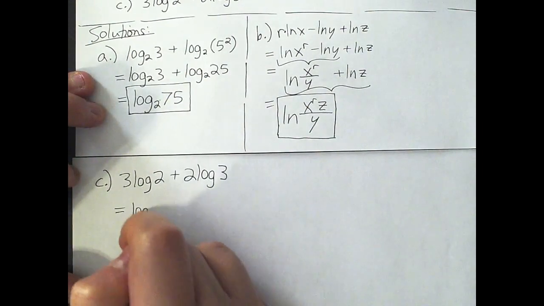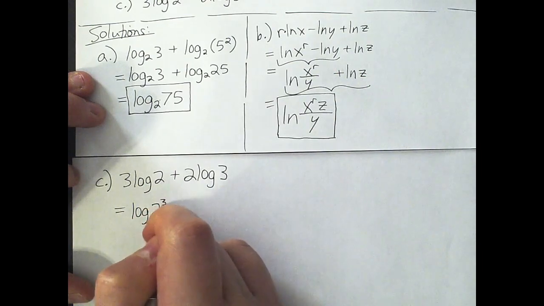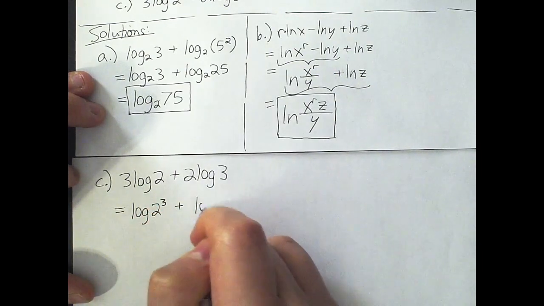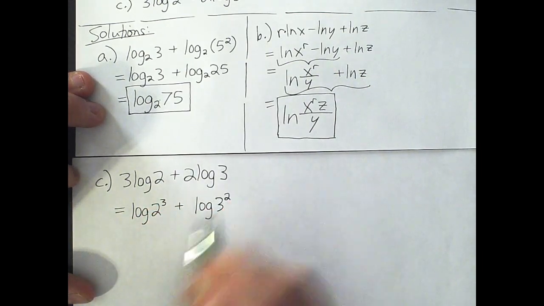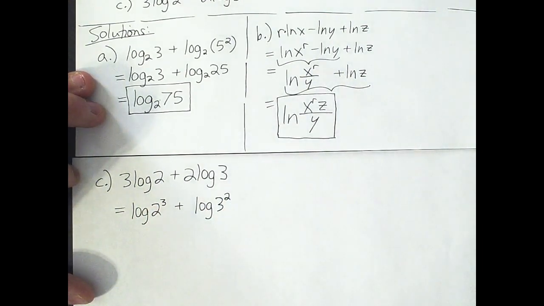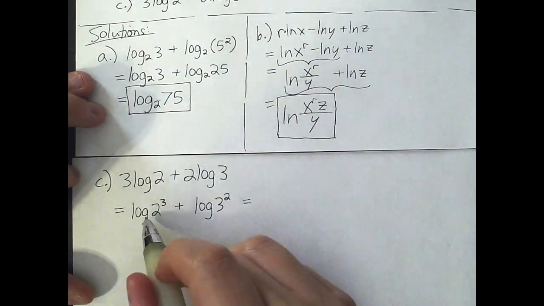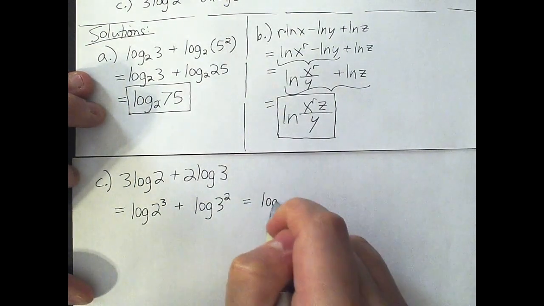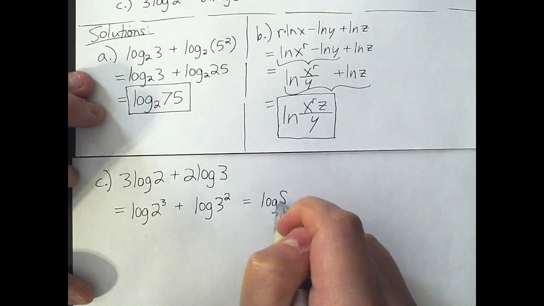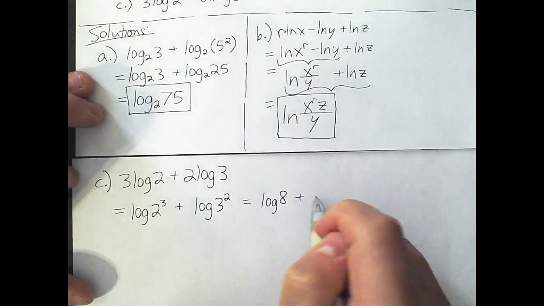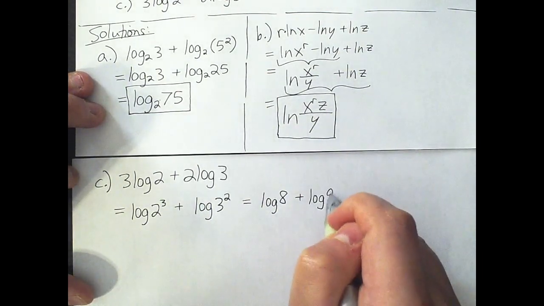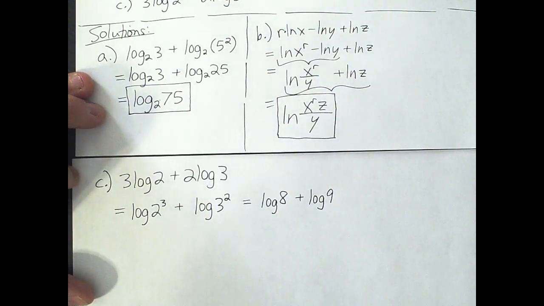So I'm going to bring the 3 inside as an exponent, and let's bring this 2 inside as an exponent. Well, 2 to the 3 is 8. Right? 2 times 2 times 2 is 8. And 3 to the 2 is 9. 3 times 3 is 9.